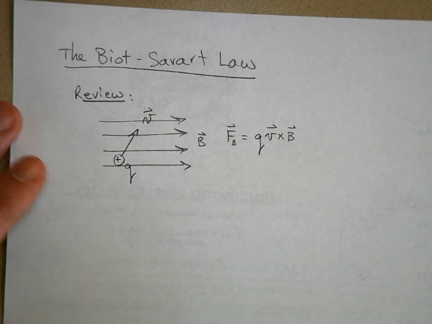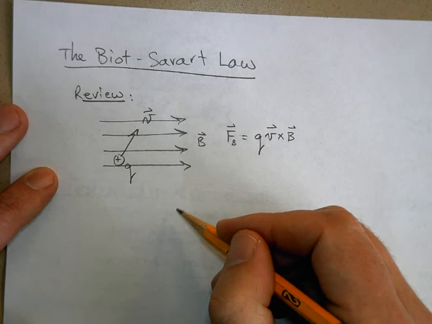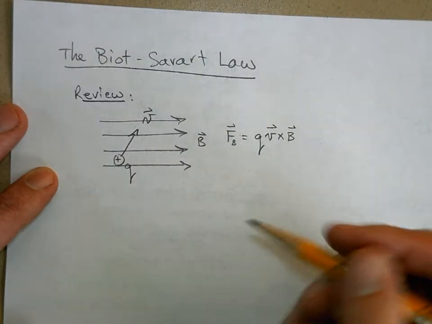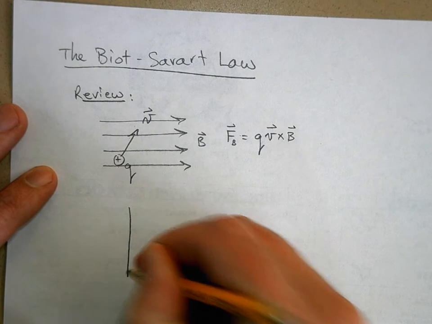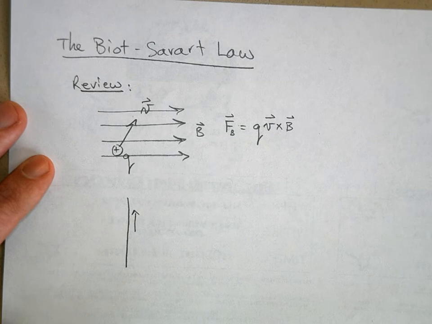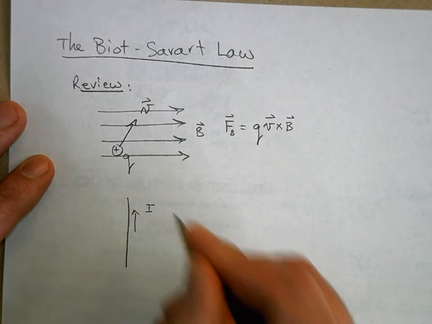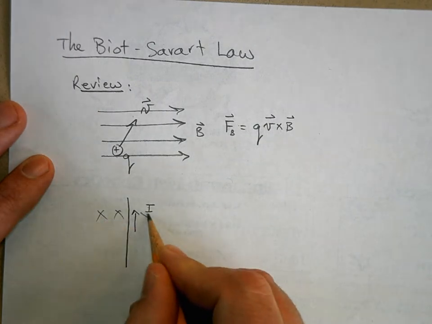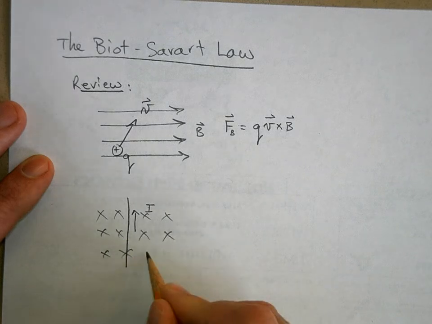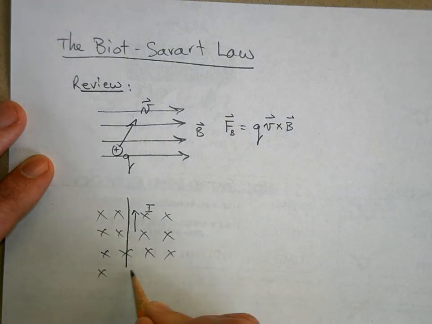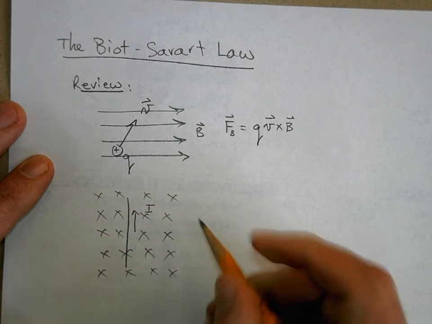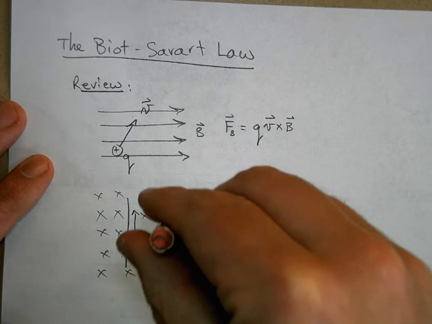Now, if I have a whole stream of particles, a current moving in a wire, for example, a long straight wire with a current running through it, and we put this wire in a magnetic field, in this case going into the board, that's what the little crosses mean.